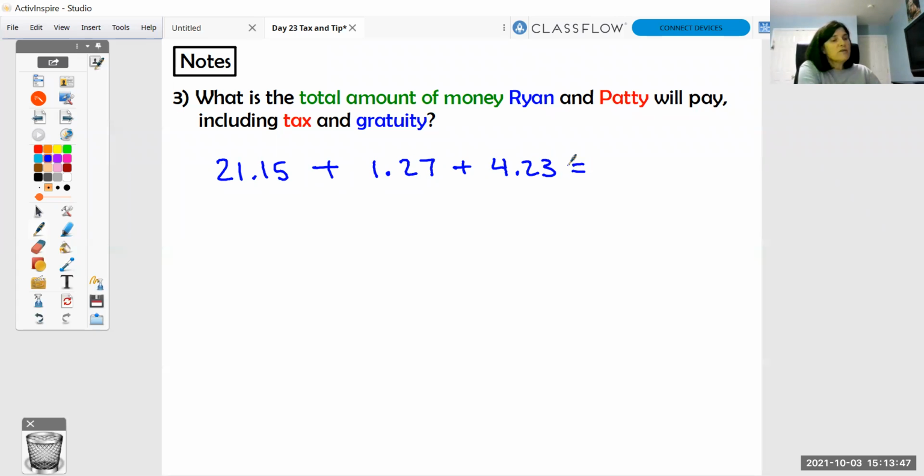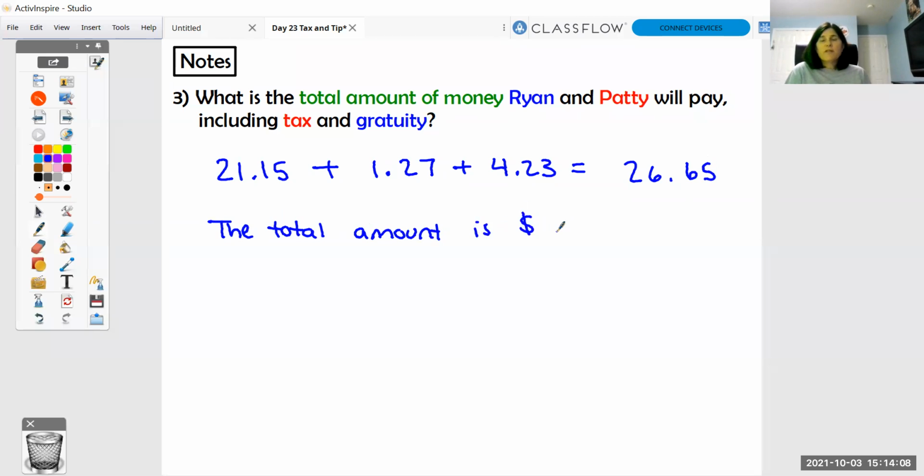But if we use our calculator, we can see that we are going to leave $26.65. So the total amount is, and we're going to label that with the dollar sign, $26.65.